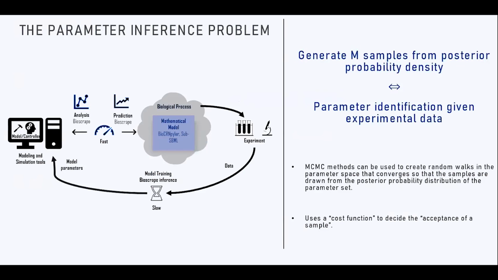We just need M samples that are representative of that density. So that would be how we can solve the parameter inference problem. You just need to get samples for the posterior probability density. That's the probability of the parameter given the data. And we know from Bayes' rule that that is actually just proportional to the likelihood.